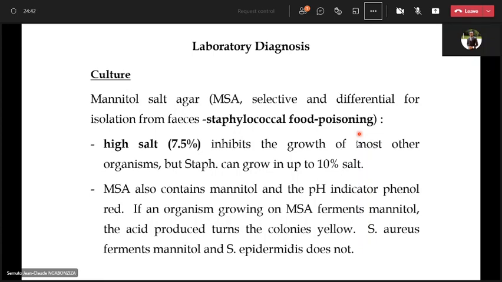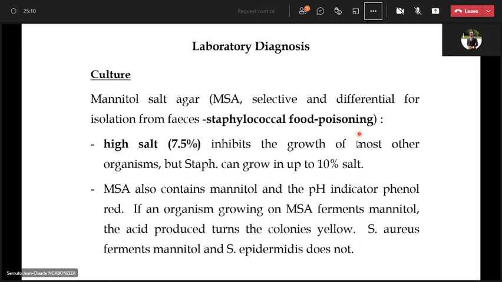And also the pH indicator in the media allows visualization of mannitol. When the mannitol is fermented, acid is produced, and this allows the pH indicator, which is phenol red, to change the color to yellow.